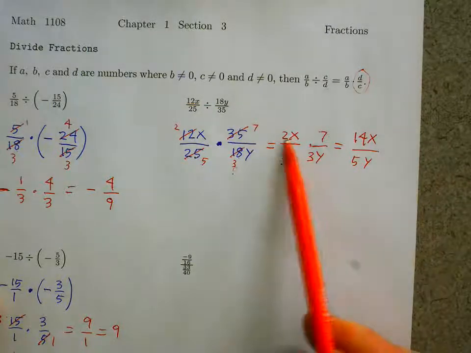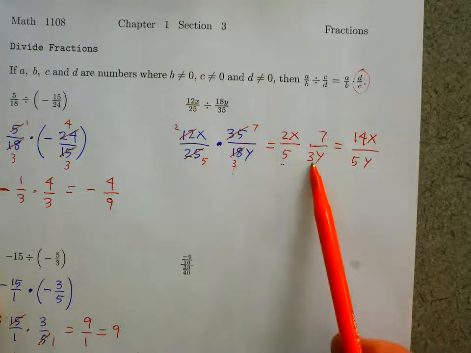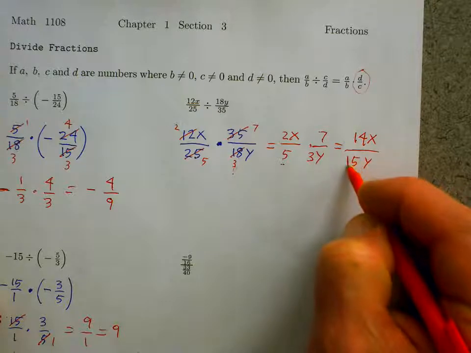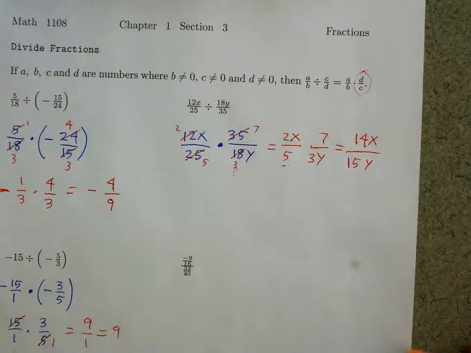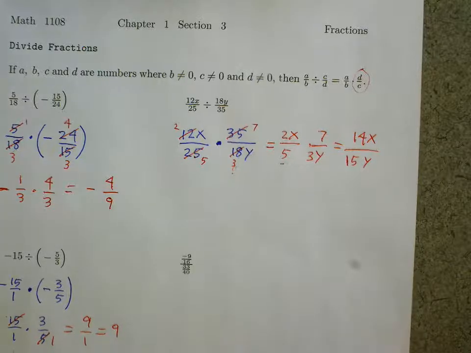And then the numerator is okay. 2x times 7 is 14x, and then 5 times 3y is 15y. So it was disastrous, but it was pretty easy to fix. Thank you. Yeah, so some people on YouTube noticed that it was wrong also.